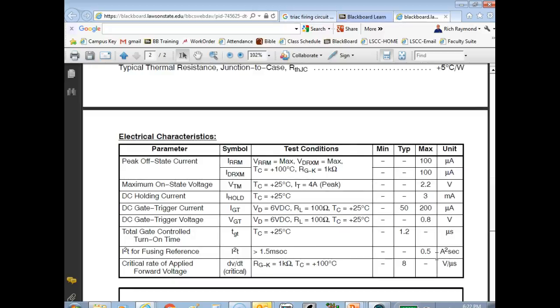Okay, so here's our DC holding current right here. So if we drop this thing below 3 milliamps, it's going to do what? Probably turn off. If we keep it above that, it's probably going to be on.